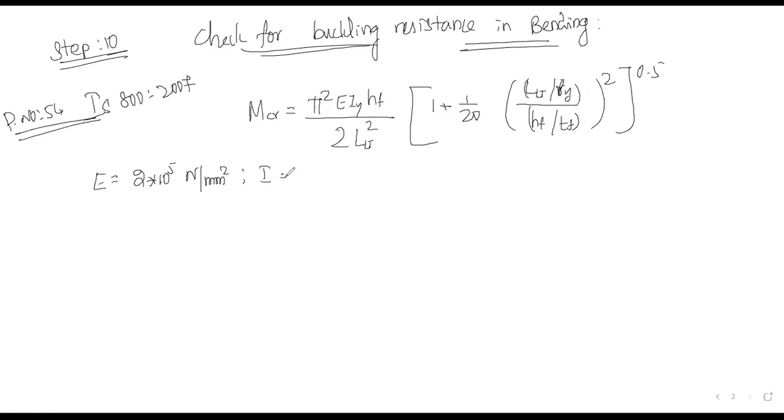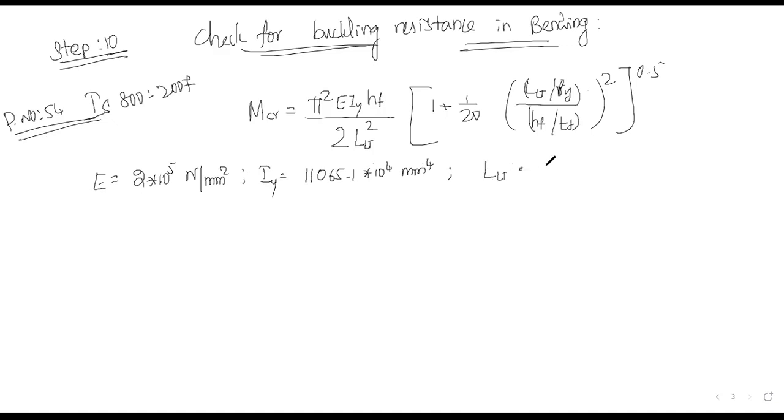And the Iy value we have calculated as 11,065.1 into 10 to the power 4 mm power 4, and LLT is the effective length.